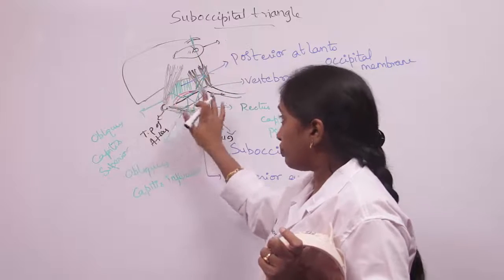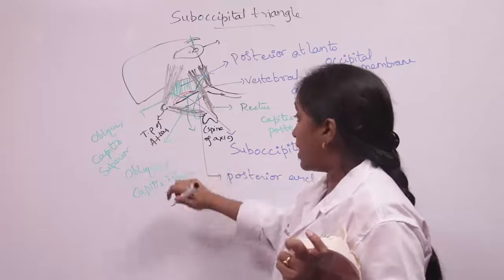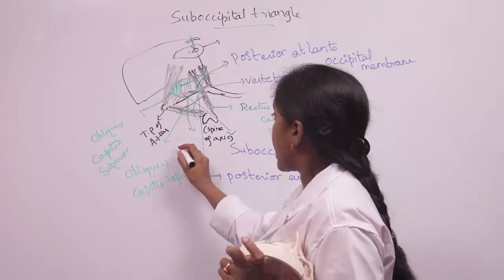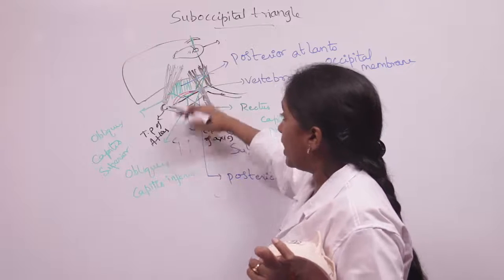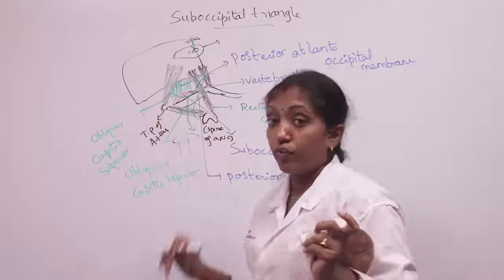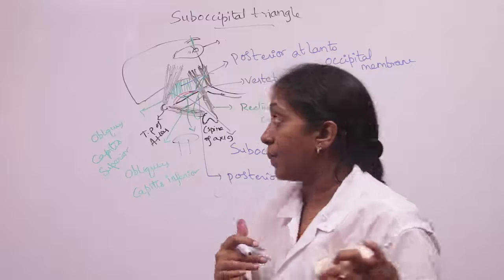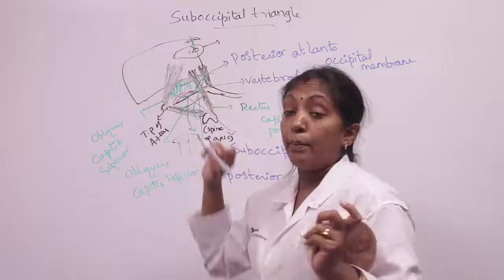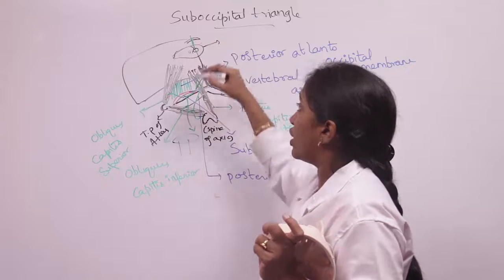Here coming to the roof, it is formed by the semispinalis capitis, which is the cut end here medially, and also longissimus capitis. Roof is formed by two muscles, semispinalis capitis and longissimus capitis. This semispinalis capitis is inserted to the medial two-thirds of the area between the superior and inferior nuchal lines.